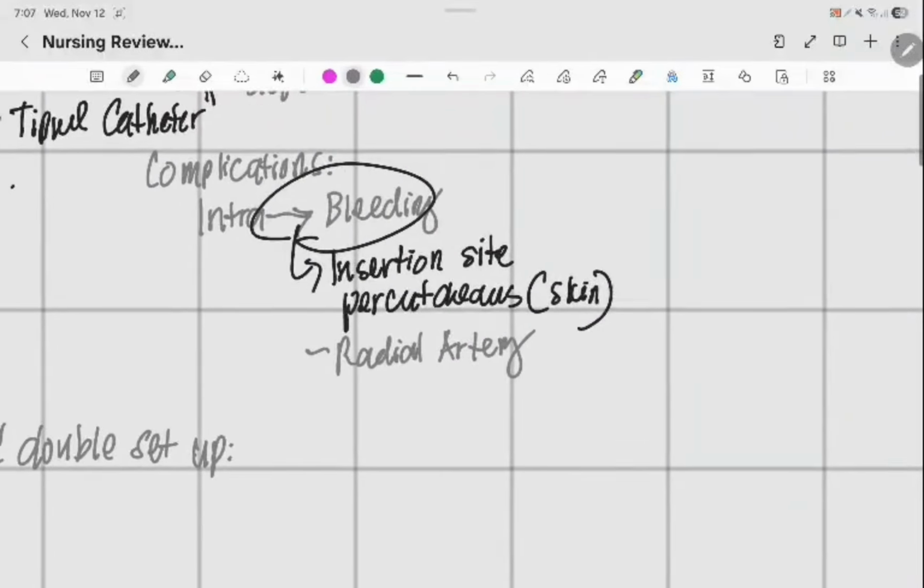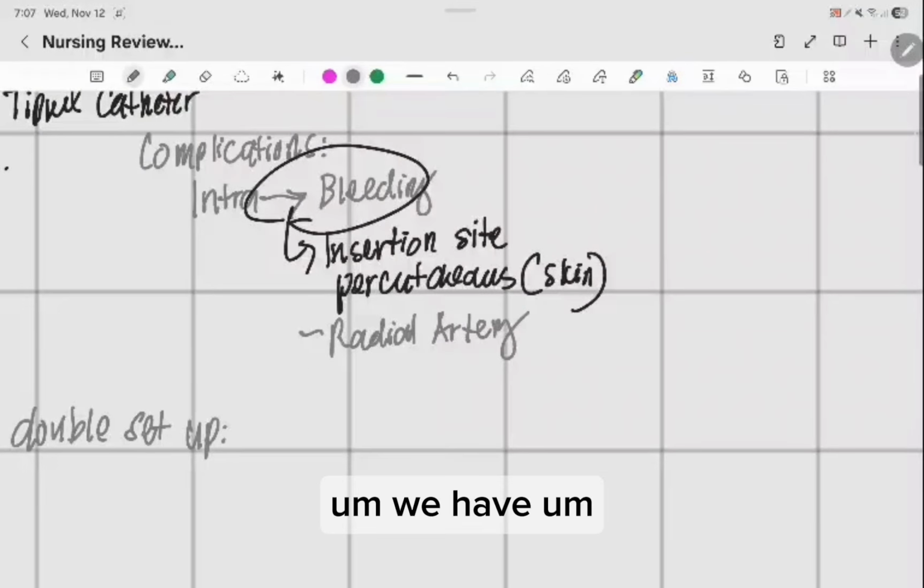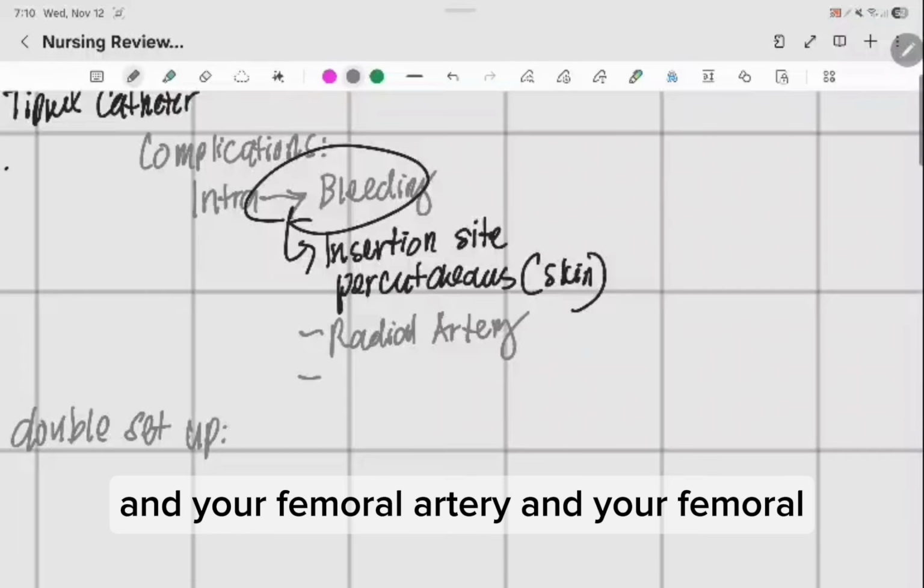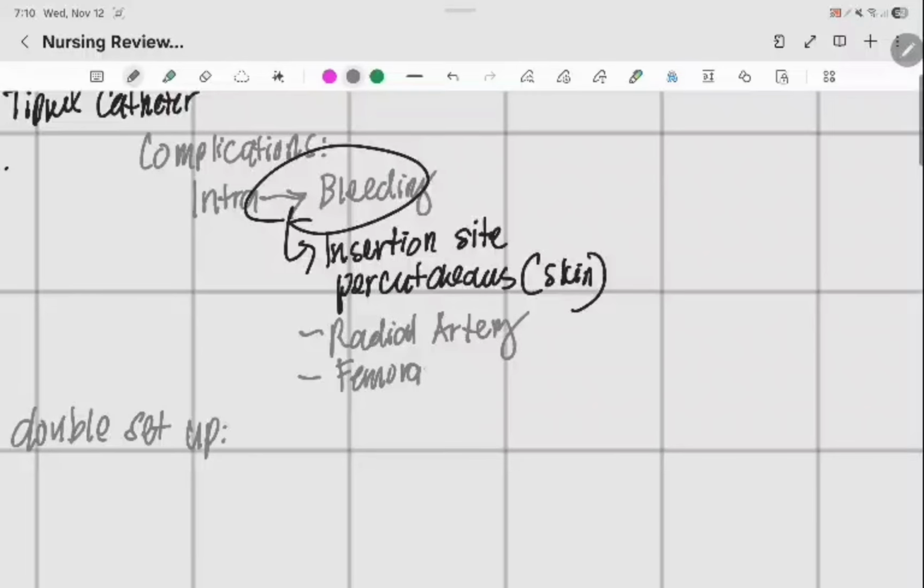And we have your femoral artery, or femoral artery.